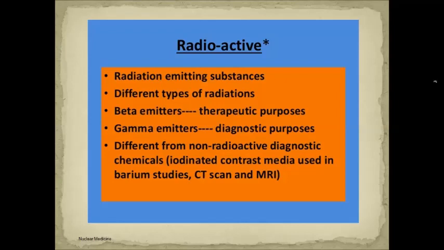If we are interested in delivering radiation to certain areas of interest, for example a tumor, we will of course choose beta emitters because they will be accepted by tumor sites and irradiate the tumor on a very short distance, only the tumor, and at the same time surrounding normal tissues will be spared.